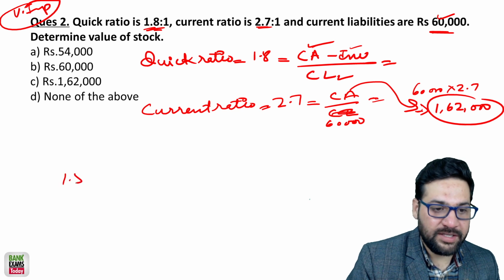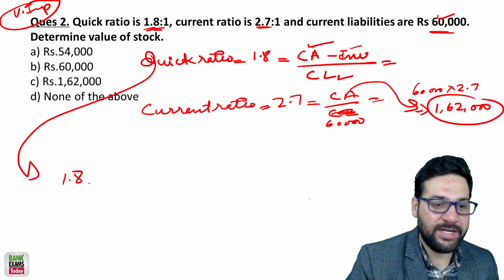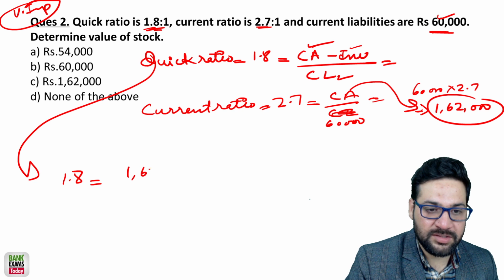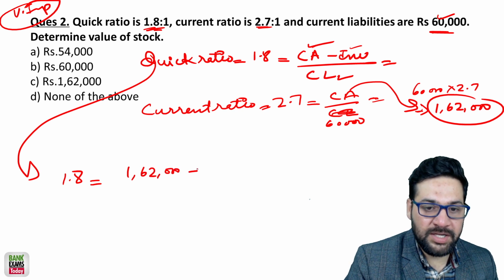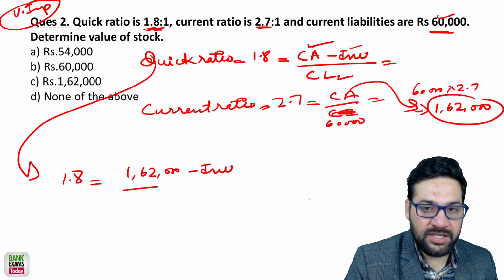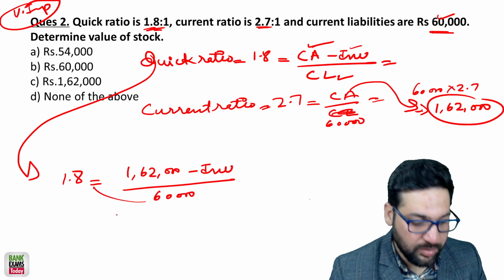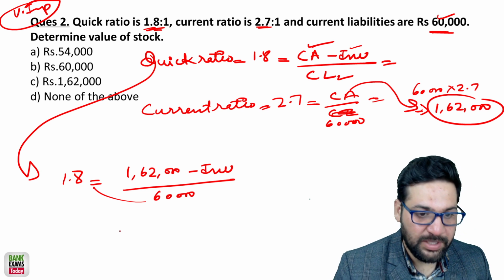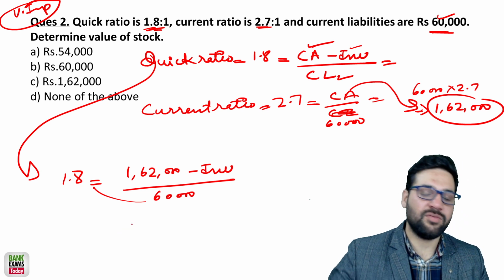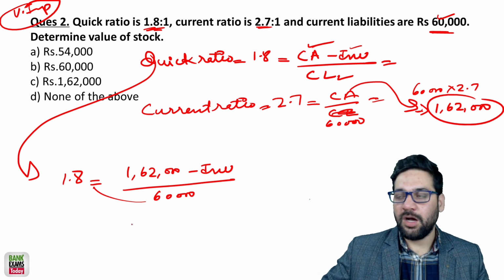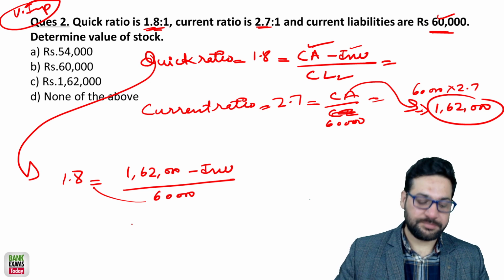So 1.8 इसको हम यहाँ पे ले आए. 1.8 is equal to current asset 1.62 lakh minus inventory divided by current liabilities, 60,000. So just bring it out there. Okay. So 1.8 multiplied by 60,000. Just 60,000 का double is 1,20,000.